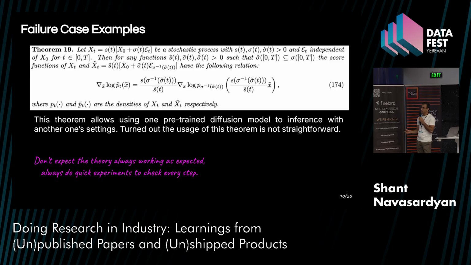This theorem allows a transition between two score functions when you have two settings, two noising schedules for diffusion models. But it turned out that it's not so easy to use in a straightforward manner. And basically, yes, we decided not to continue in this direction. We have a nice theorem, but it didn't work in practice.